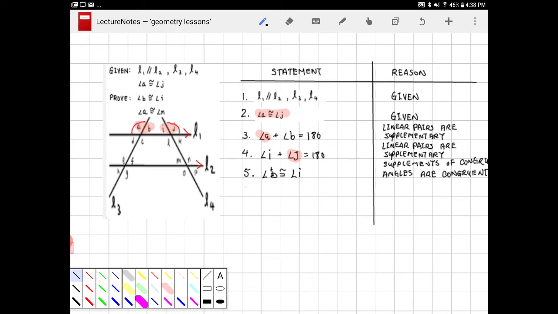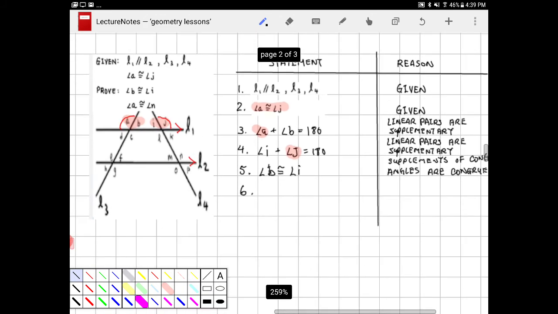All right, so number 6 is I need to show that A is congruent to N. I need to show that A is congruent to N. Well, since I know A is congruent to J, but then wait a minute, isn't J congruent to N? Right? Let's observe this. Isn't J congruent to N because J and N are what kind of angles, you may ask? If you're thinking of corresponding, then you're absolutely right.